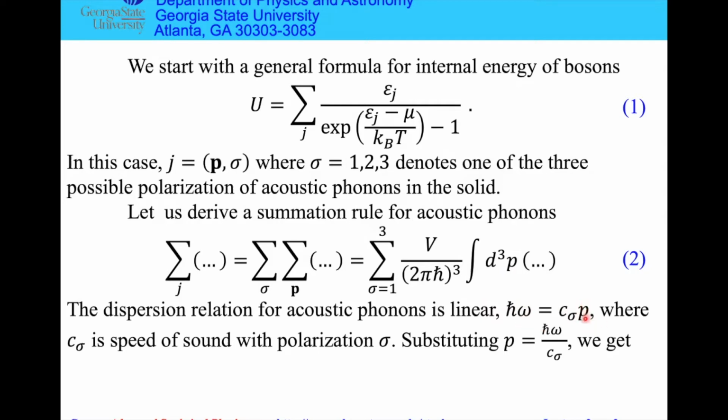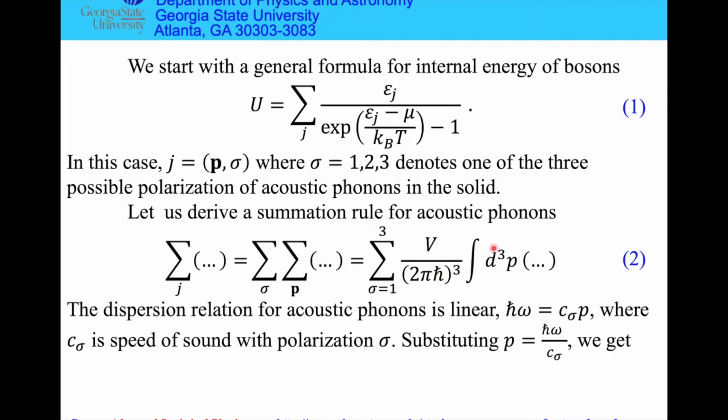From this relation, we can find momentum as a function of frequency. So P is h omega over c sigma. Now when we substitute this P here, it is d^3P, it contains the cube of P. So we'll get in the denominator the cube of the phonon speed, c sigma, and I will get the third power of h, and the third power of h will cancel completely this third power of h.